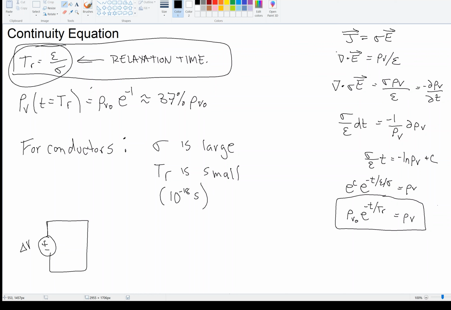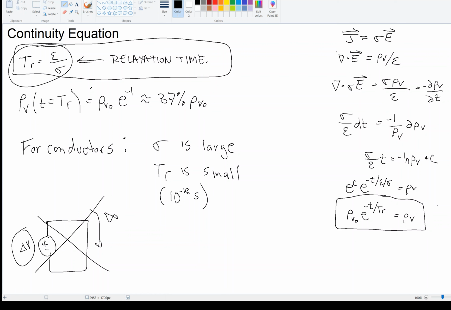So if charge moves instantaneously, what's the current through the wire? Well, remember that current is the rate of change in charge. So if charge moves instantaneously through that perfect conductor, that means the current is infinity. And so how do you get infinite current? You blow up your voltage source basically. That's why you're told not to do that. Don't do that.